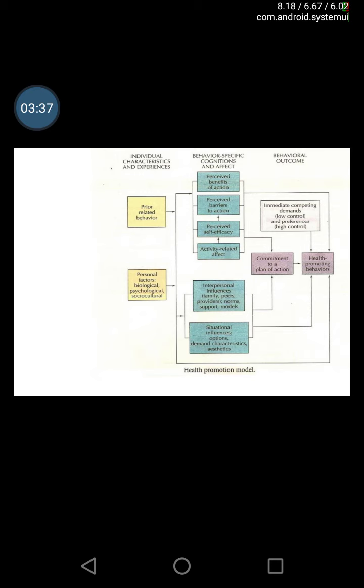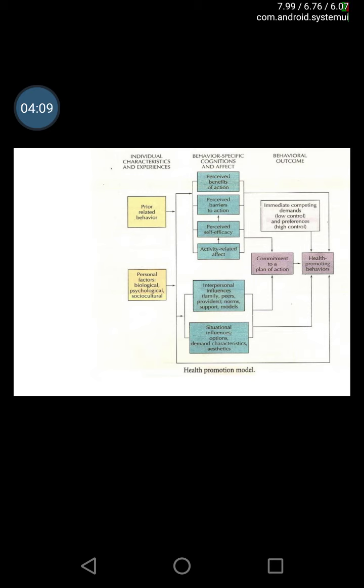For example, if we consider a person with post myocardial infarction, we are assessing whether he previously experienced any angina pectoris or other symptoms of coronary artery disease, what risk modifications he has done, and whether he is aware of these risk modifications. So that is the prior related behavior.